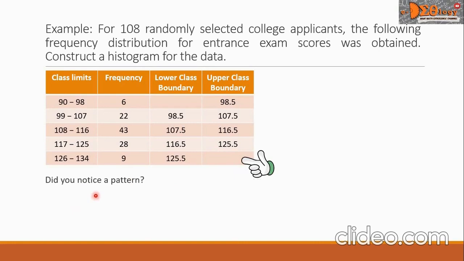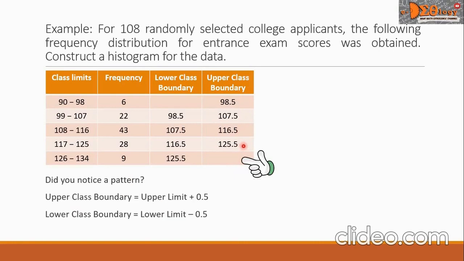But did you notice a pattern here? Looking at the upper class boundary, it seems that the upper class boundary is equal to upper limit plus 0.5. Look at this 98.5. We can see that the upper limit is 98 and this is 98.5. It's like the 98 plus 0.5 will give the upper class boundary, which is 98.5.